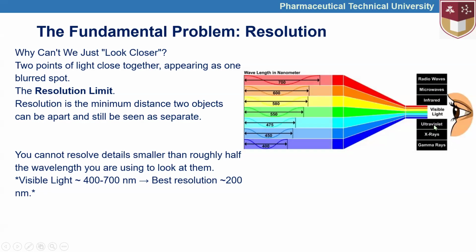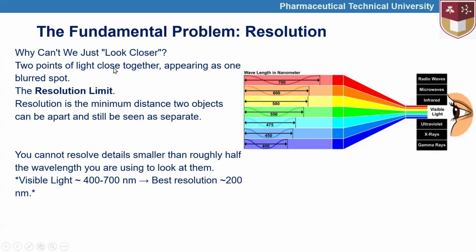These are the only colors that our eyes, by using a protein termed rhodopsin, can identify. So this is the main reason why we can't just look closer.